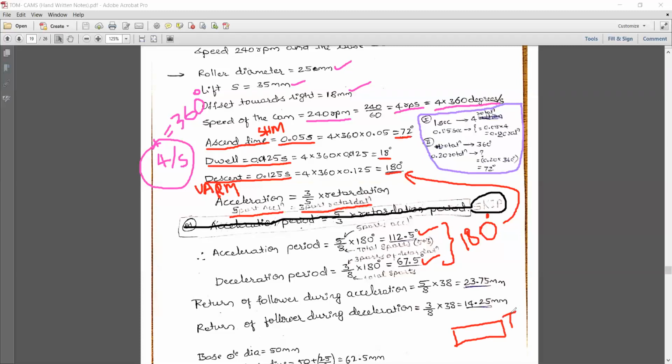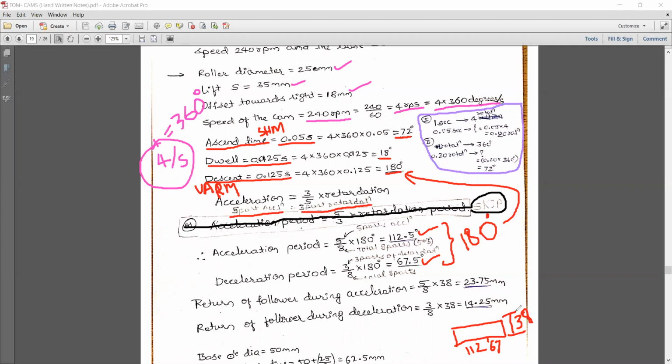Total height is 38. So in this 38, I have divided the horizontal part, that is 112 is acceleration, and 67 is deceleration. Now sorry, horizontal I got.